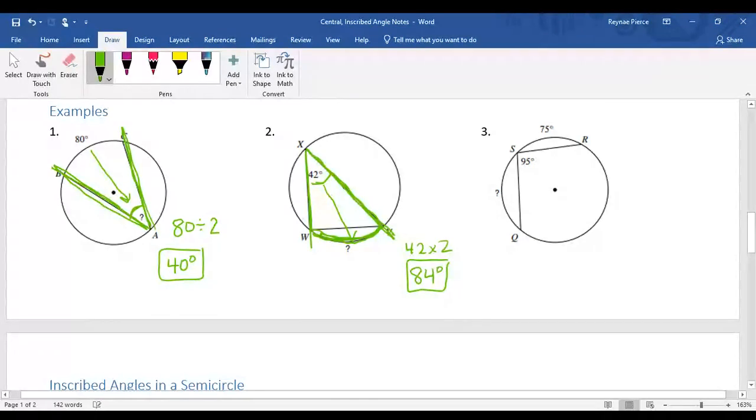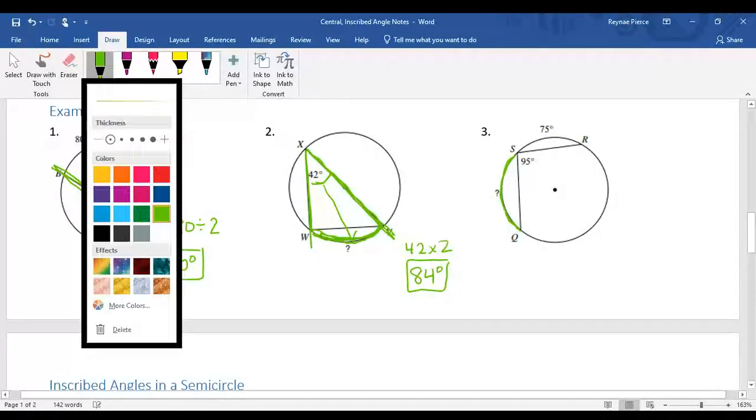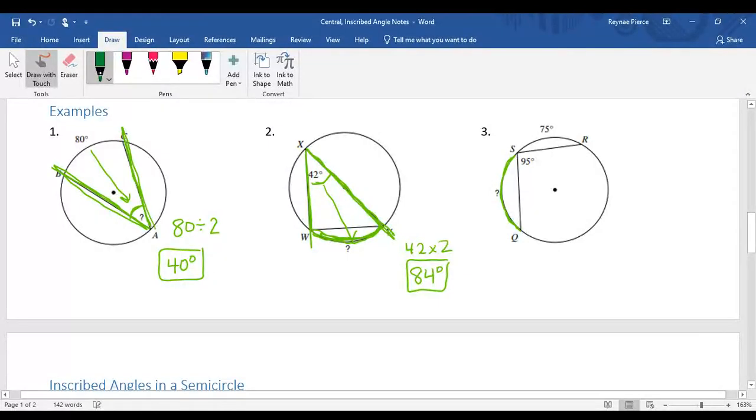Now, this last one, I'm looking for an arc that doesn't have an inscribed angle attached to it. But I do have the measure of angle S here. Since S is on the circle, this is an inscribed angle.